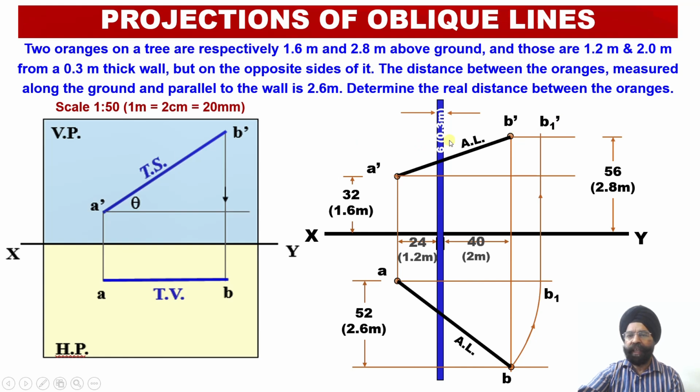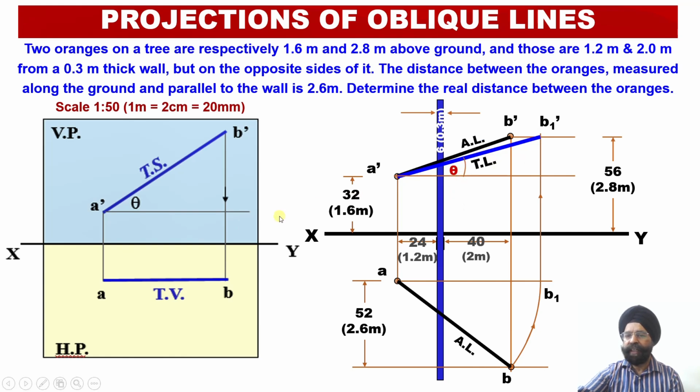The moment we obtain this B1 dash point in the elevation, we need to join A dash with B1 dash, and we are able to obtain the true length of the line in the elevation or the front view. So having obtained this true length of the line, which has been shown with blue color so as to distinguish it from the apparent length.